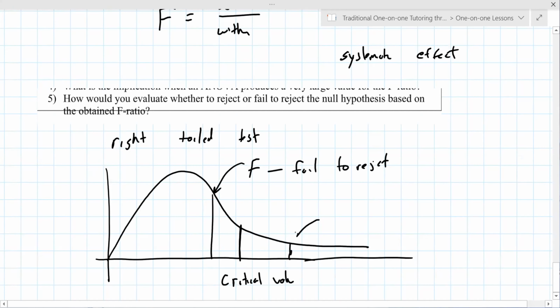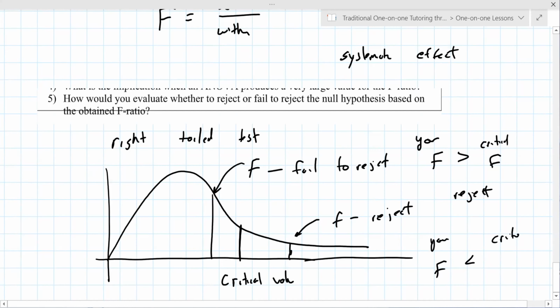But if your F is here, you reject. So if the F you calculated is greater than your critical F, then you reject. If your F is less than the critical F, then you fail to reject. Okay. That's all there is to say about that.